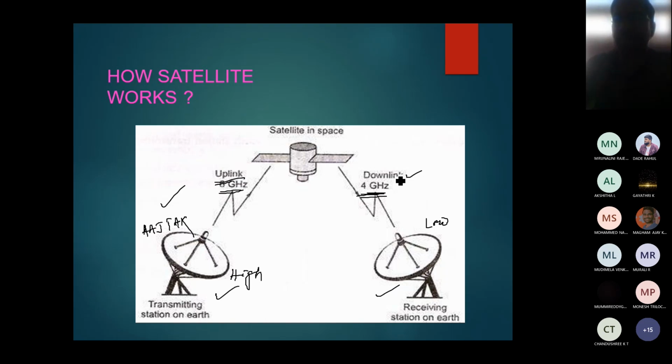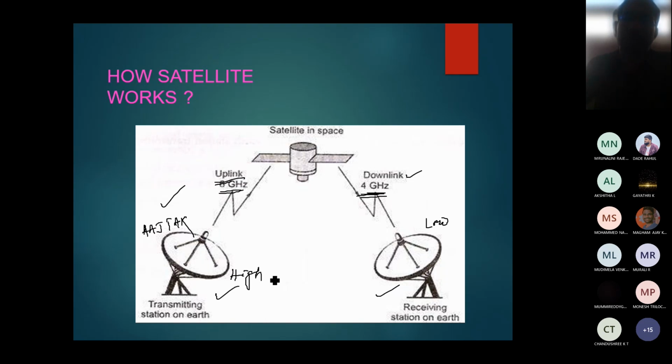It will happen only when we consider a link of low frequency value. So that is the reason for downlink communication we are considering the low frequency, but for uplink we are considering high frequency.